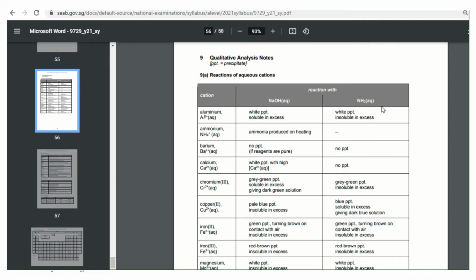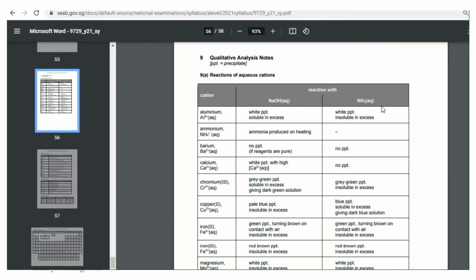What are the cations present? So let's look at the two steps. When you are asked to add either sodium hydroxide or aqueous ammonia, it is a hint that the practical question is asking you to test for cations.